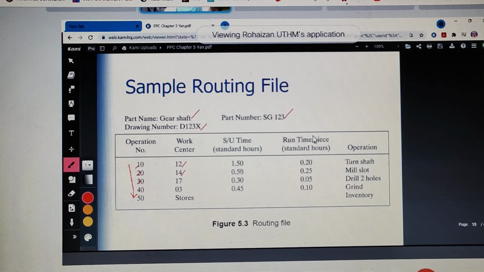Later I will tell you. In the PPC we are using standard hours because we would like to make sure we get the same unit.